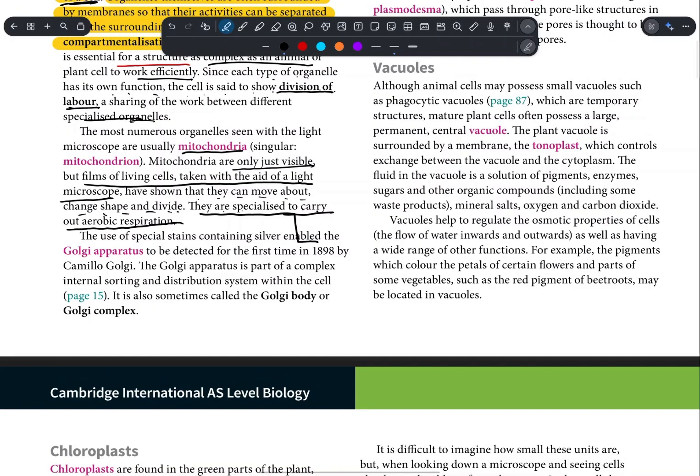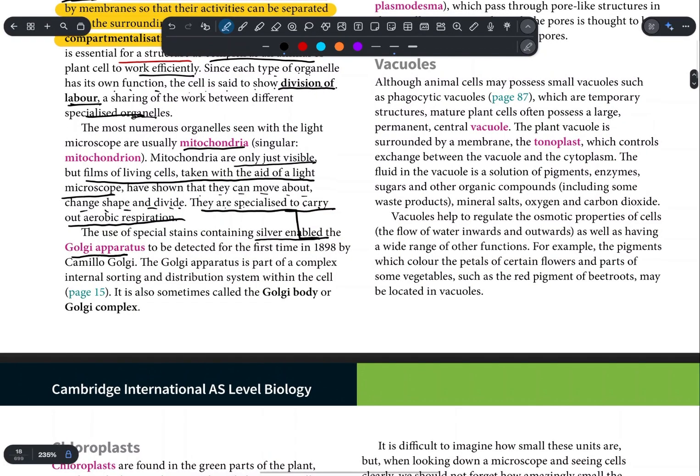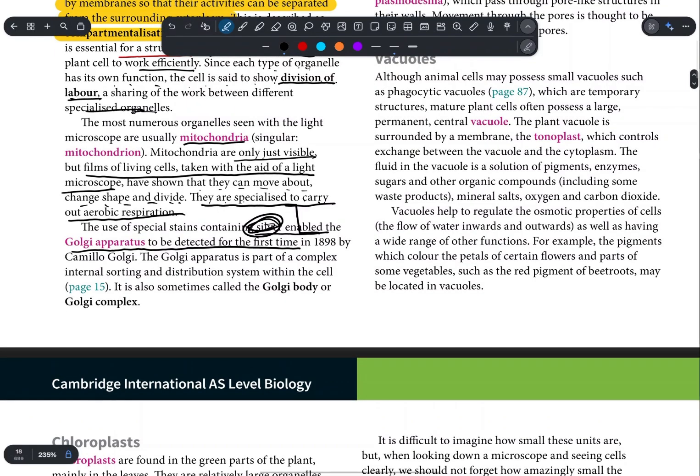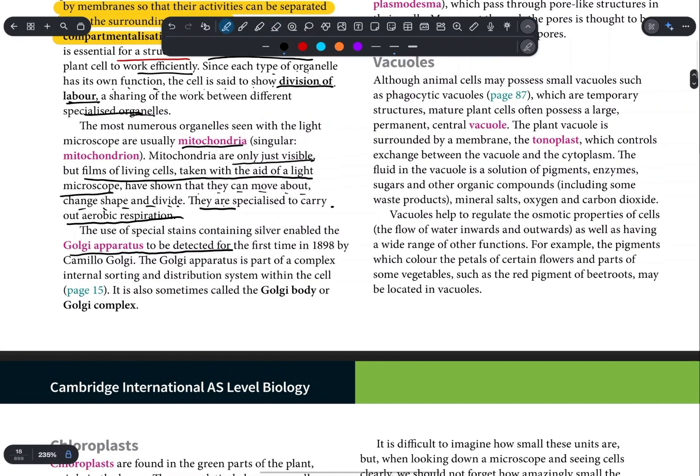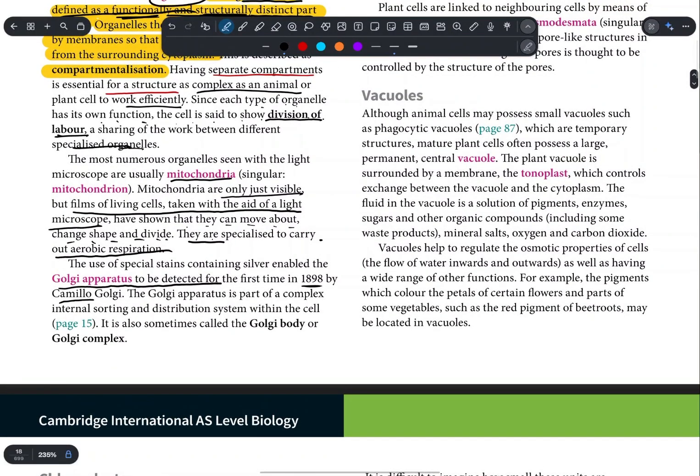The use of special stains containing silver enabled the Golgi apparatus to be seen for the first time. So there were special stains used with silver which enabled us to look at the Golgi body for the first time in 1898, which was done by Camillo Golgi.